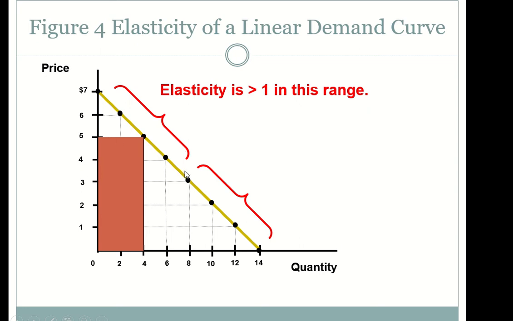Then at some point here, we have a unit elastic demand, and afterwards, when the quantity demanded keeps increasing as the price keeps coming down, this part here is inelastic. So we go from elastic to inelastic. This is just to show you that price elasticity of demand is not necessarily equal to the slope. This is a linear demand curve, and the slope is obviously not the same as the price elasticity of demand.